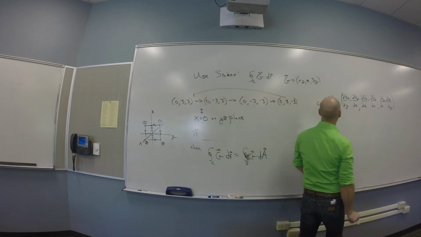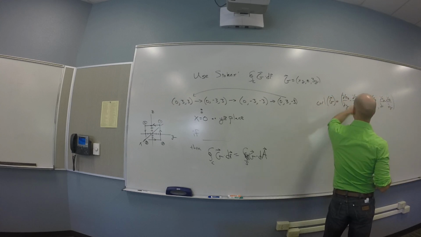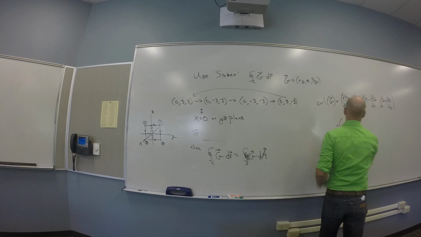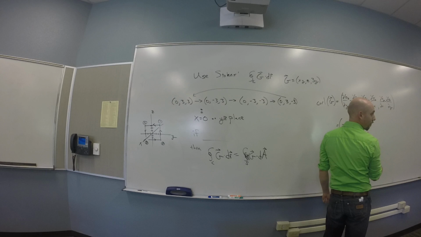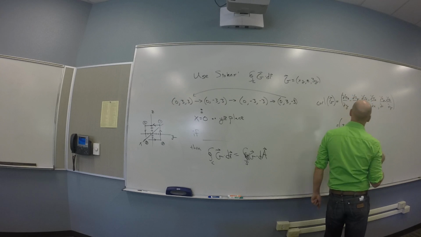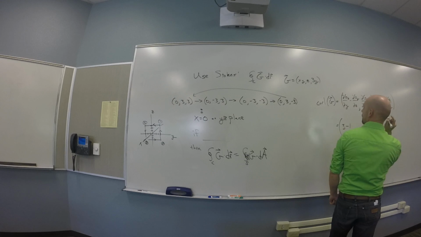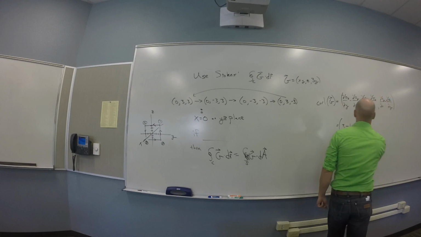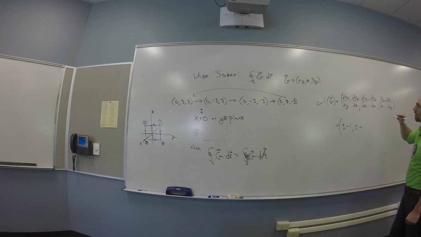Okay, so now I need the y partial of G_z. 3. Minus the z partial of G_y. 1. And then I need the z partial of x. 0. And the x partial of the z component? 0.